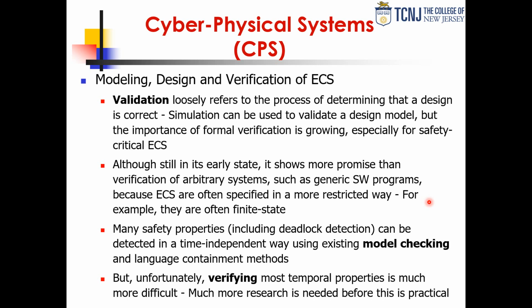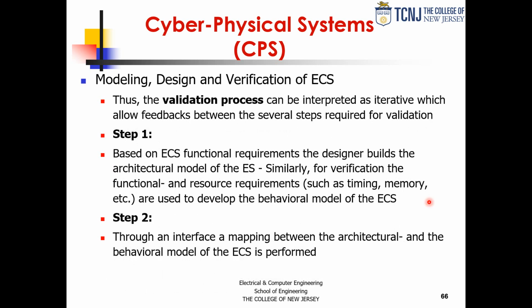So how do we envision the validation process for these complex cyber-physical systems? It is going to be iterative, that's for sure. So we envision several steps. Step one, we get the functionality requirements so we can have an architectural model.